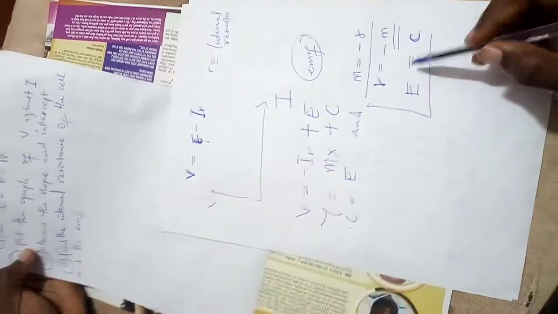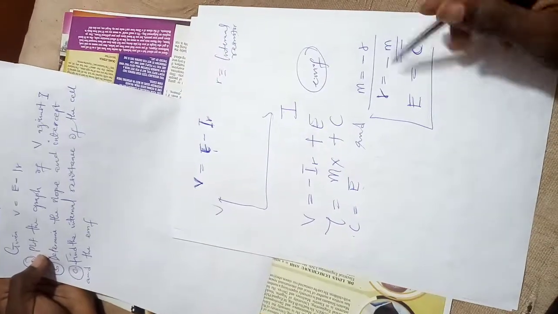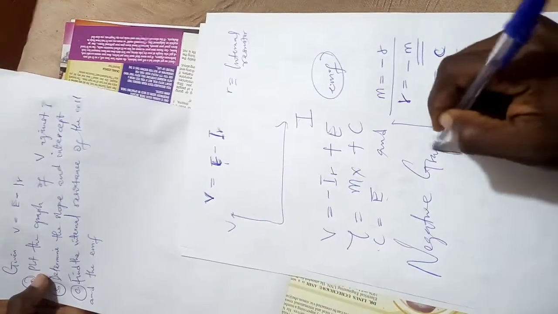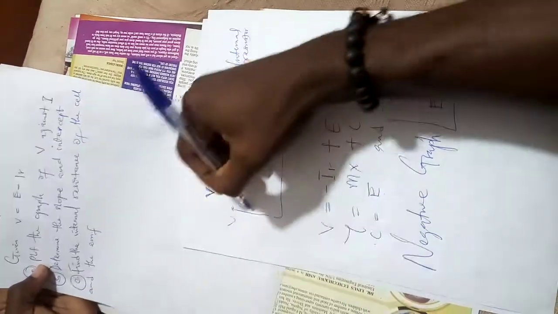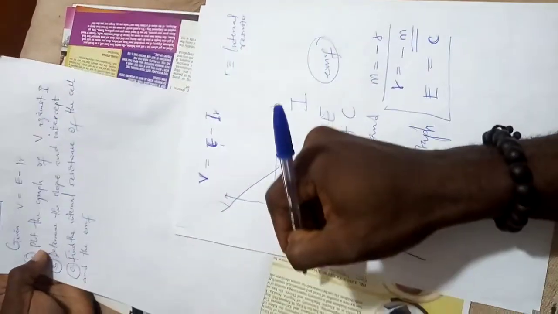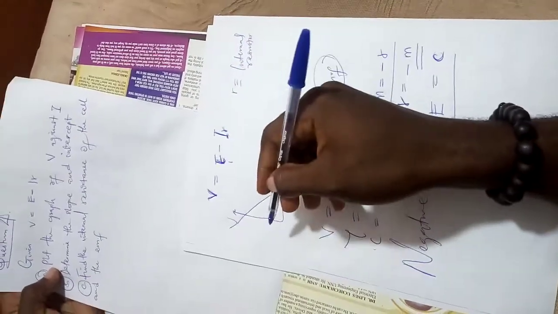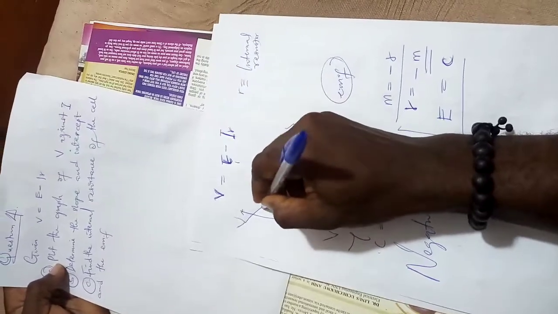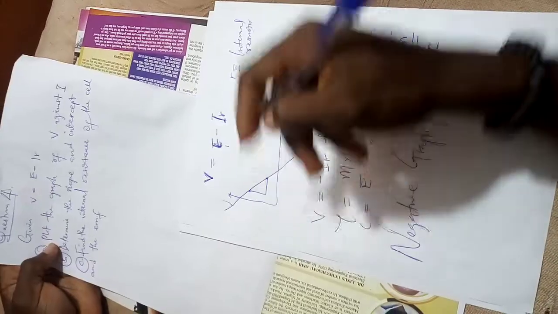The graph pattern will change because we are dealing with a negative graph. So when we want to plot this, it will follow this path, no longer this path, unlike the others, showing that the graph is a negative graph, giving us a negative slope.